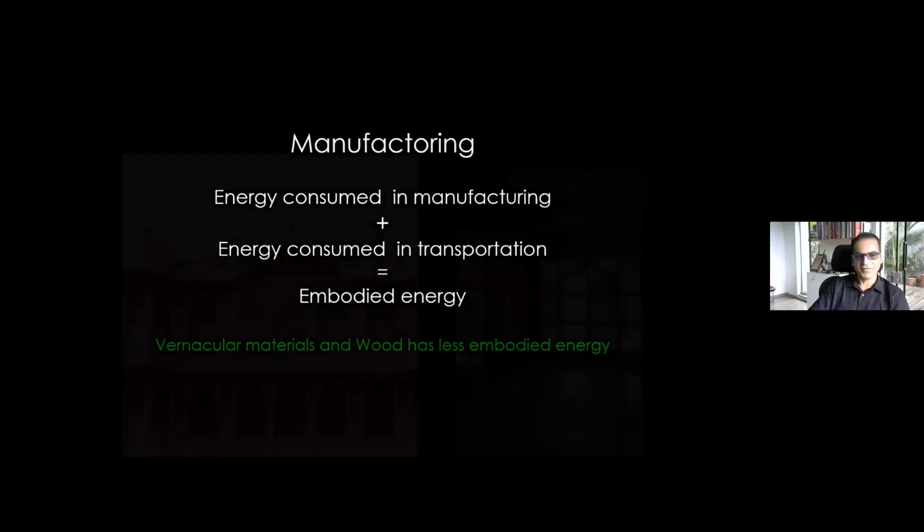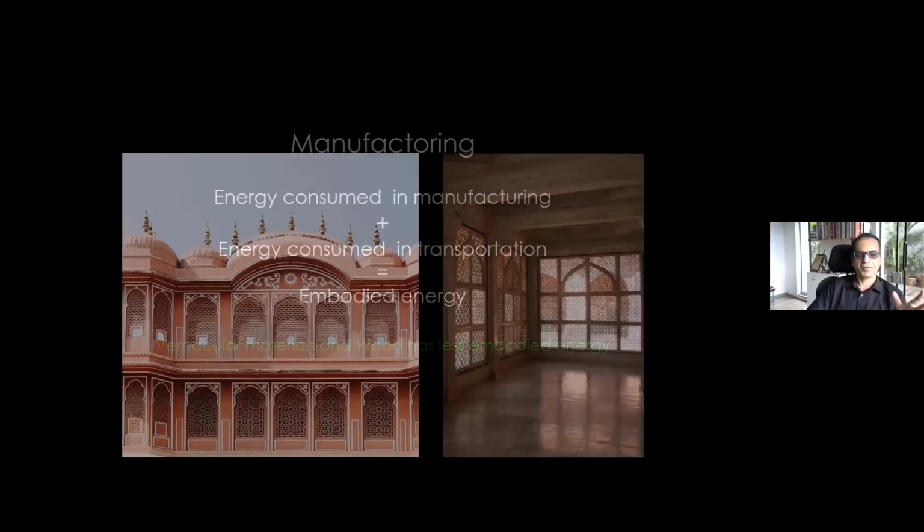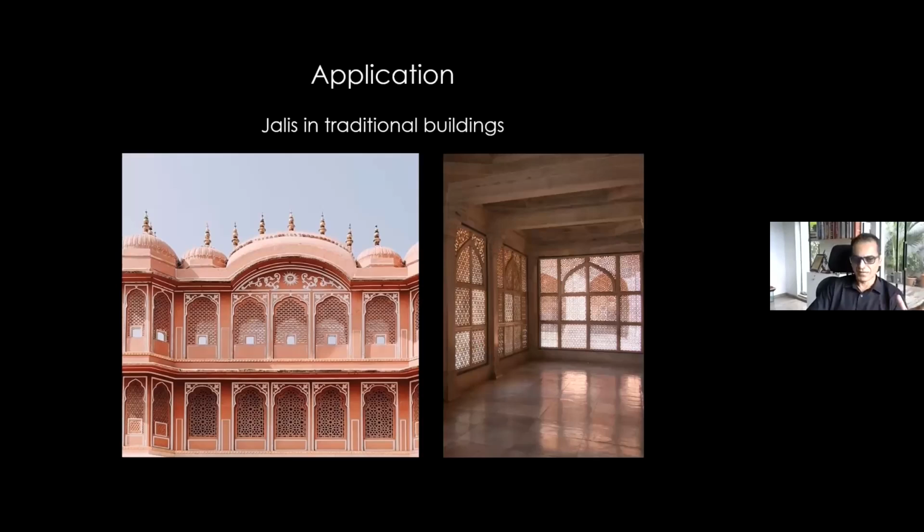Now, this was about manufacturing, but again, it all depends on how you apply the material. Sometimes a material in its basic properties may not be green, but the way you apply it makes it green. For example, India is basically a tropical country, right? So our buildings require shading devices to filter the radiation of the sun, as it is very harsh in India.